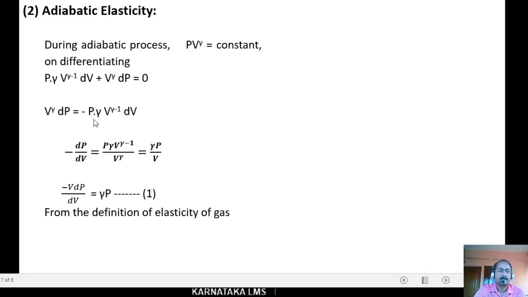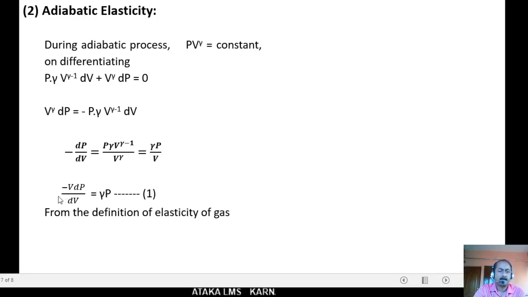On further simplification, minus dP by dV equals P into gamma into V to the power gamma minus 1 divided by V to the power of gamma. This is equal to gamma into P by V.